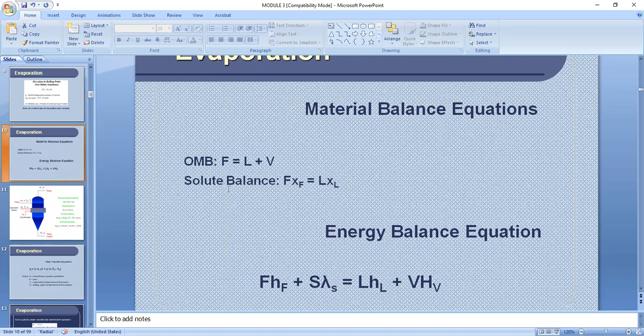So we have to add the thickened liquor and the evaporated water, and that should be the same amount as the feed that was, of course, introduced into your evaporator. Your solute balance will be based on the primary assumption that there is no entrainment. So what do we mean with entrainment? That your vapor will not contain any solids or will not contain any solute.